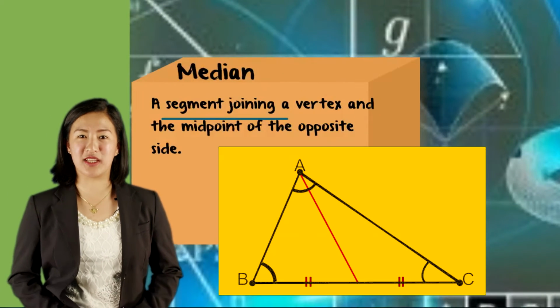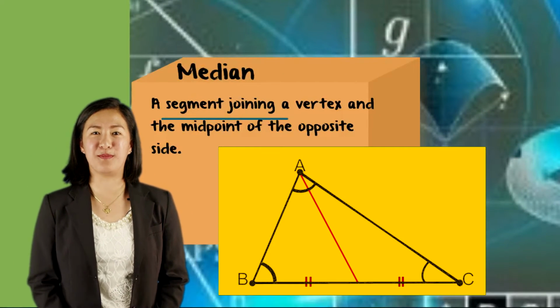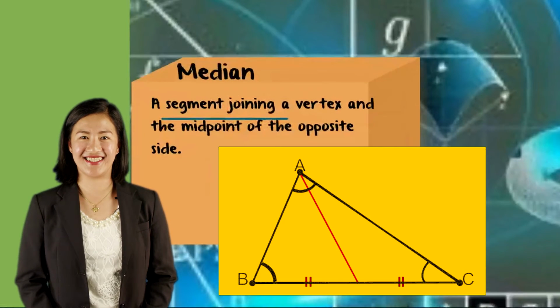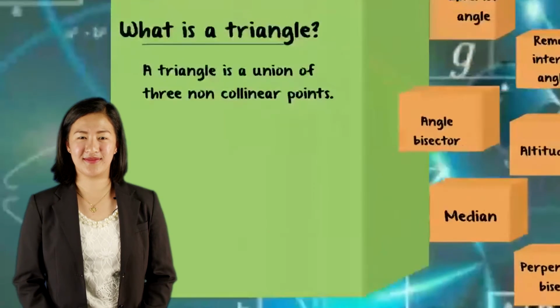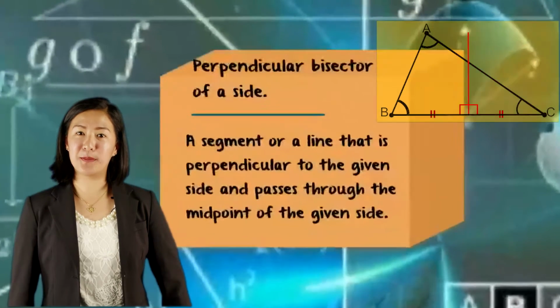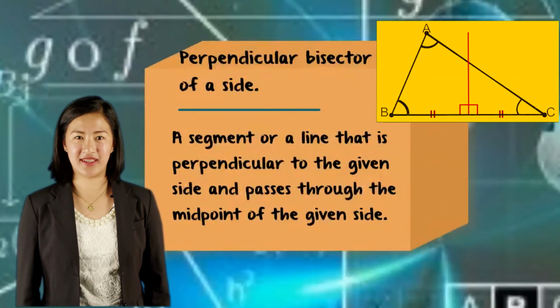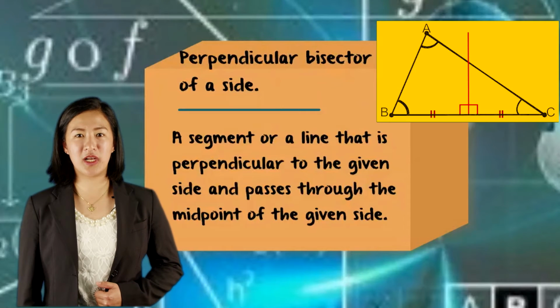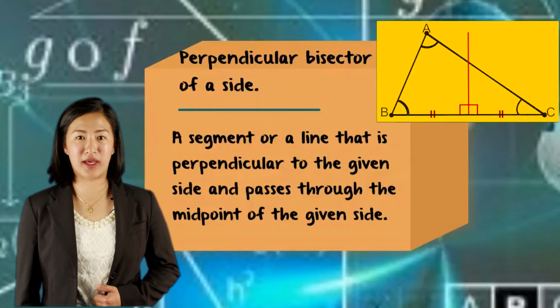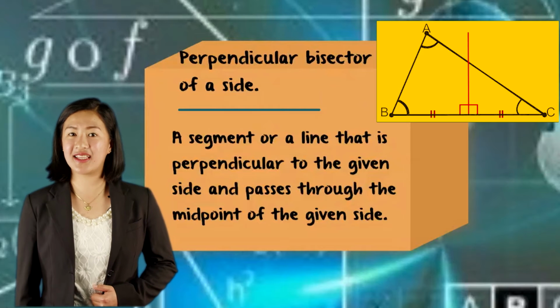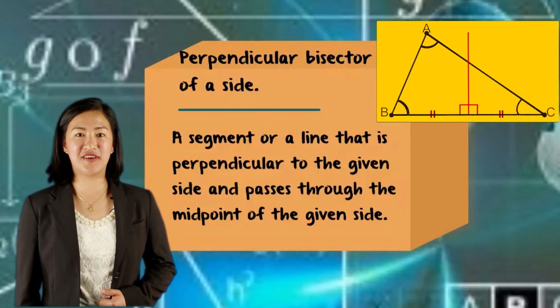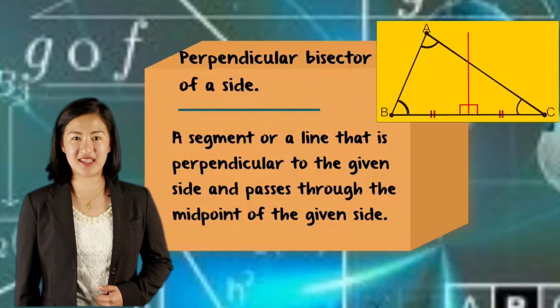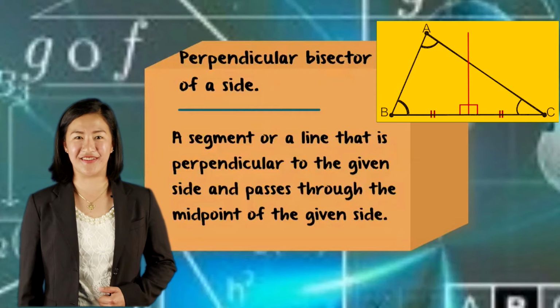Median is a segment joining a vertex and the midpoint of the opposite side. Perpendicular bisector of a side. Given the side of a triangle, a perpendicular bisector is a segment or a line that is perpendicular to the given side and passes through the midpoint of the given side.